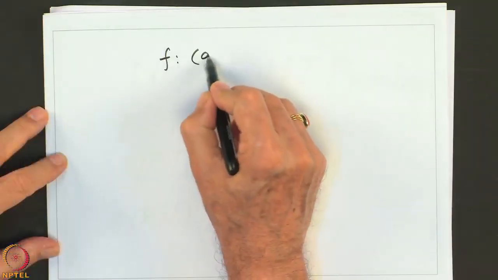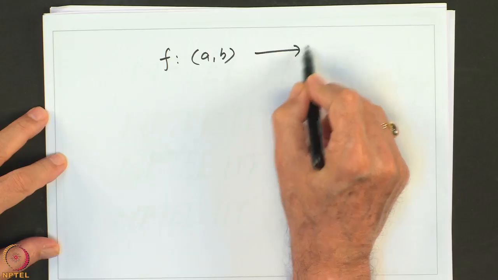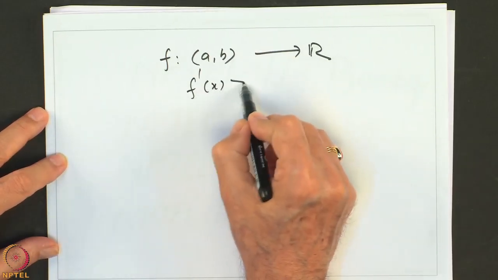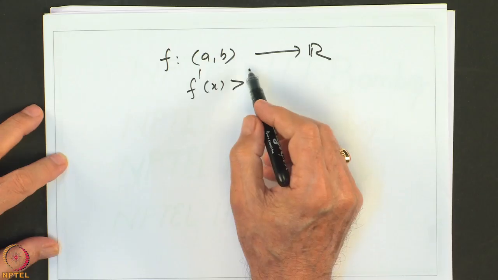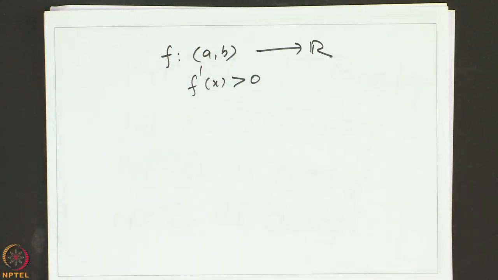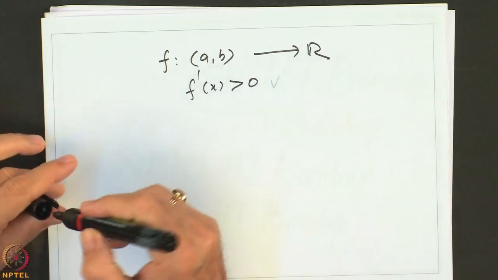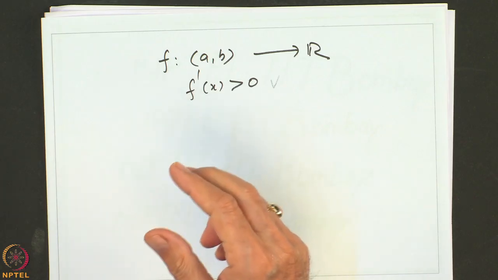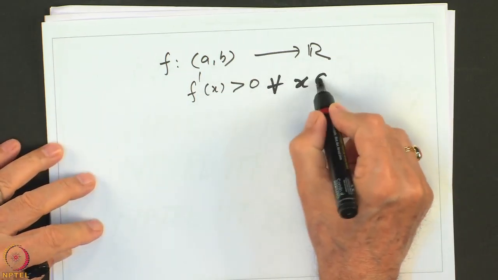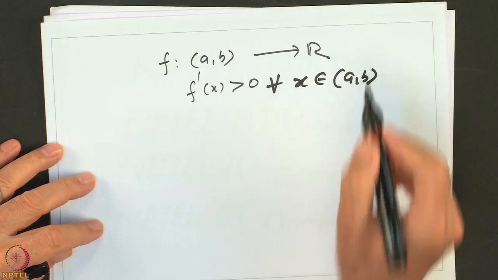We are given the function f on the open interval (a, b) to R, and we are given f'(x) is bigger than 0 for all points x belonging to (a, b).